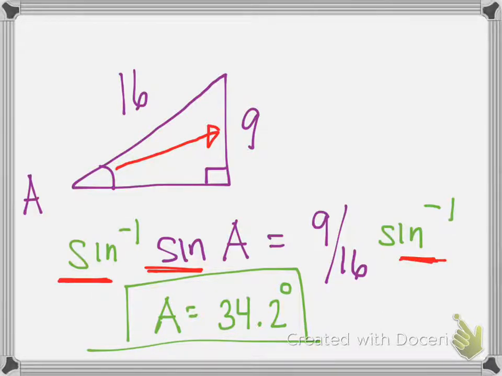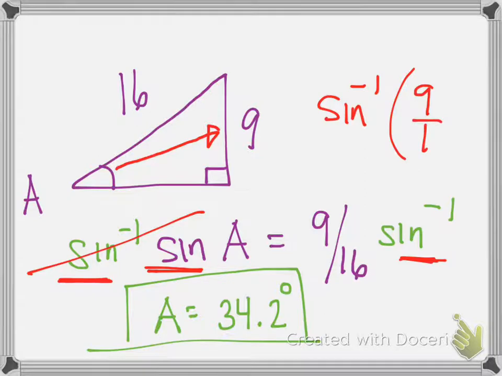On the left, it cancels out. Bye-bye. And on the right, this is what you put in your calculator. You put it in this way: sine to the -1, that's called the inverse sine, of 9 over 16. Make sure you are in degrees, and then this is the answer you get, 34.2.